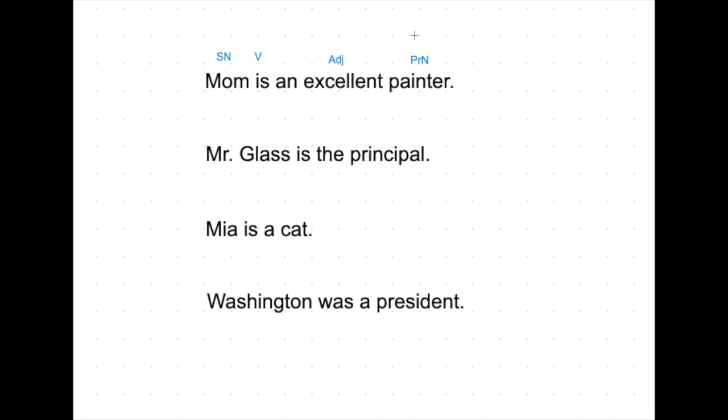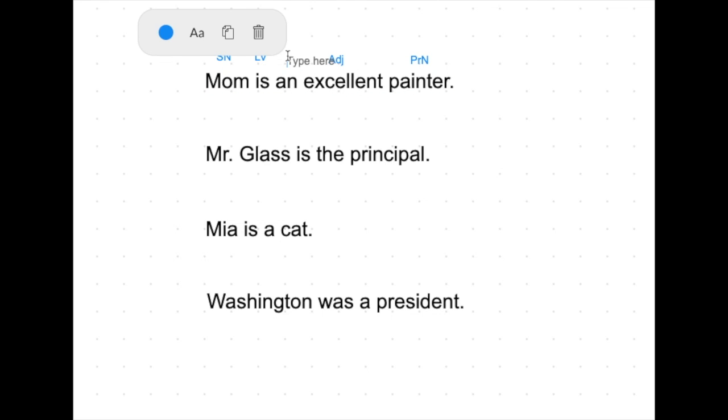PRN, we labeled our predicate noun as PRN. That means we know for sure this verb is a linking verb because it linked mom and painter. They mean the same thing. So it's a linking verb. We need to label it LV. Don't forget to do that.